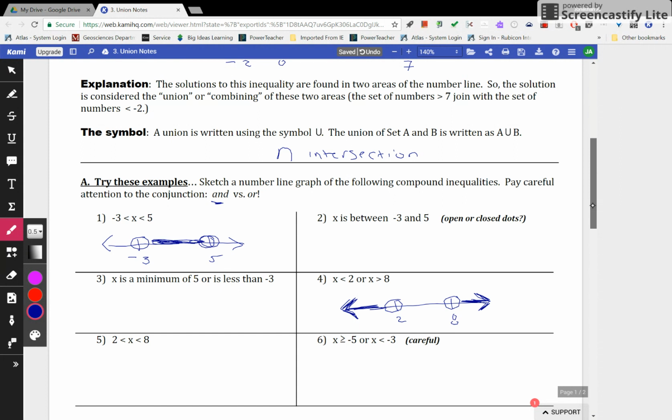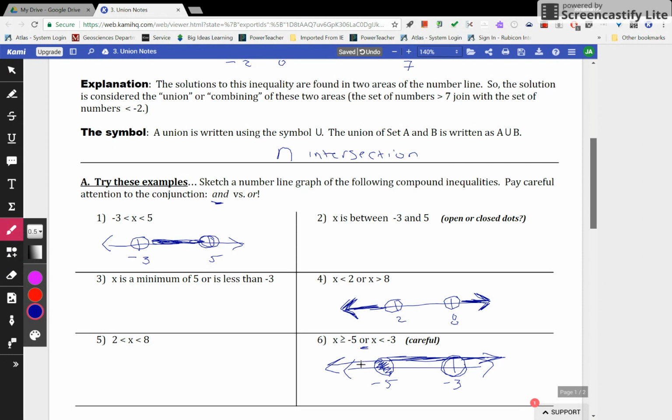Okay. You also have to be careful. There are going to be some "or" statements, like for instance on number 6, where x can be greater than or equal to negative 5, or x can be less than negative 3. When we graph these, greater than or equal to negative 5, I'm going to graph this way, but less than negative 3 graphs this way. Now remember, because it's an "or" statement, this is not an intersection. This is a union.